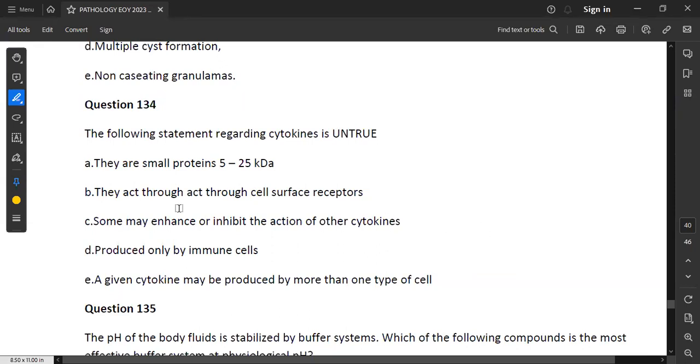So that's not true. Which other cells can produce cytokines? Guys, give examples. Yes, hematopoietic cells.